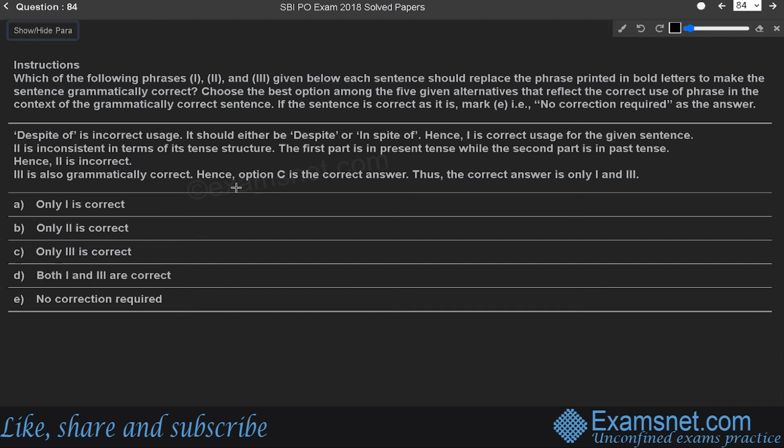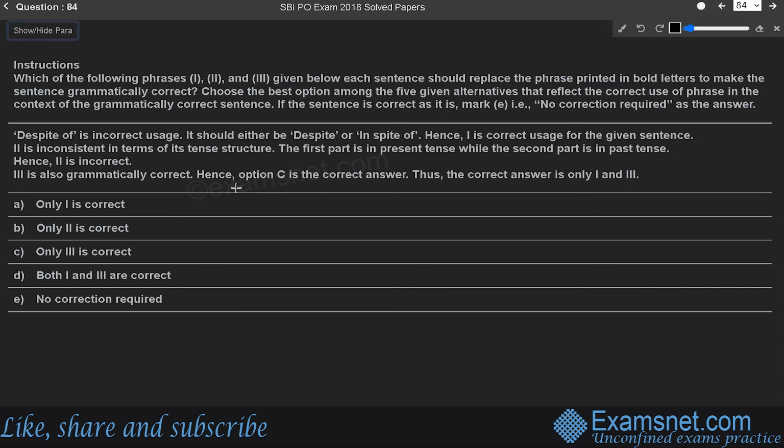Next question also has the same directions. Here, the statement is consistent in terms of its tense structure, and it is also grammatically correct. Therefore, this is the correct statement.